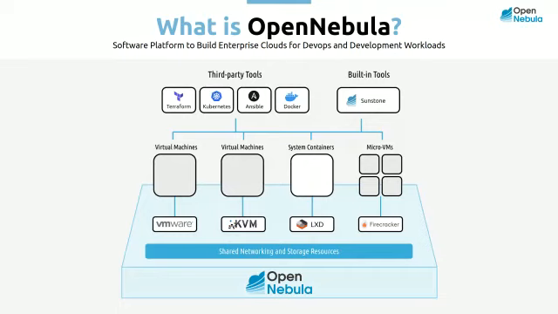You can also use tools like Terraform or Ansible to make this deployment more efficient. I'll also talk later about Docker and Kubernetes, which are technologies you can integrate with OpenNebula in a way that helps you develop the workload for your DevOps requirements.